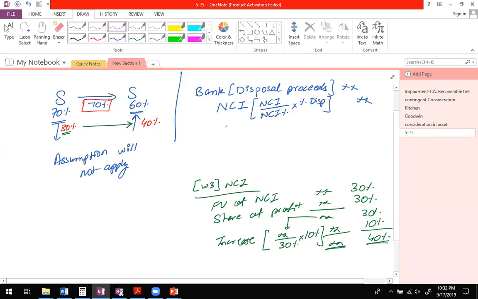And after this, the balancing figure is going to be the other components of equity. Basically, this is a type of gain or loss, but it is not going to be recorded in the P&L, rather it is going to be recorded directly in equity.